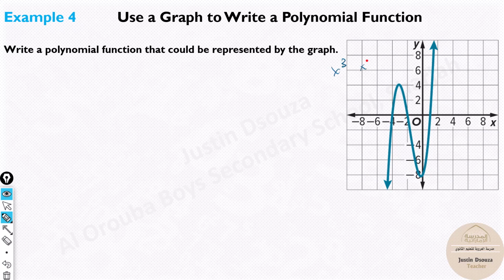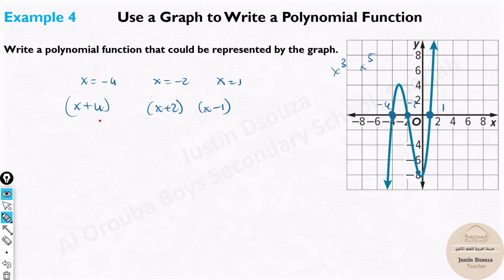It might be x power 3 or x power 5 or something like that. But here you can see there are solutions, right? Zeros. What are they? It's 1, over here we have minus 2 and minus 4. So it's x is equal to minus 4, x is equal to minus 2, x is equal to 1. Let's get them inside. It'll be x plus 4, x plus 2, and x minus 1.